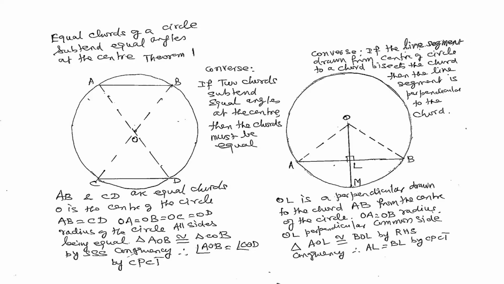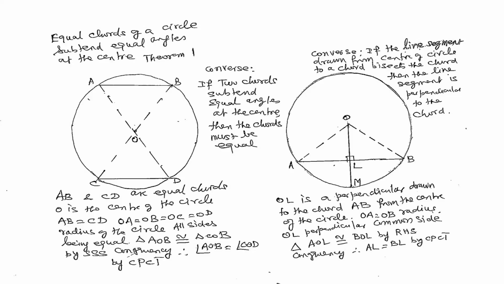On the right side, you have another picture, another theorem. OL is a perpendicular drawn to the chord AB from the center of the circle. OA and OB being the radius, OL is perpendicular to AB. OL is a common side. Triangle AOL is congruent to triangle BOL by RHS congruency.